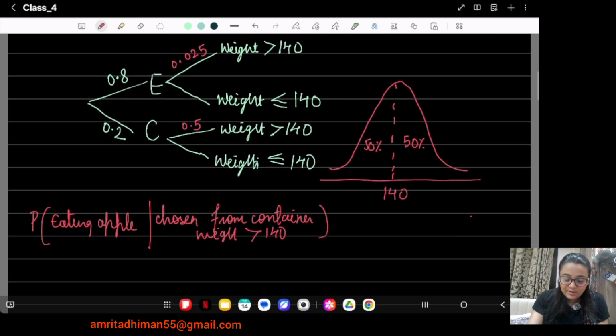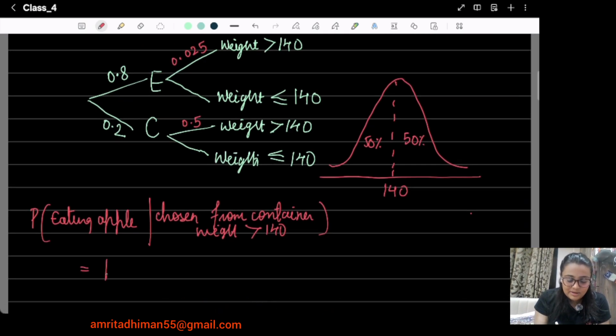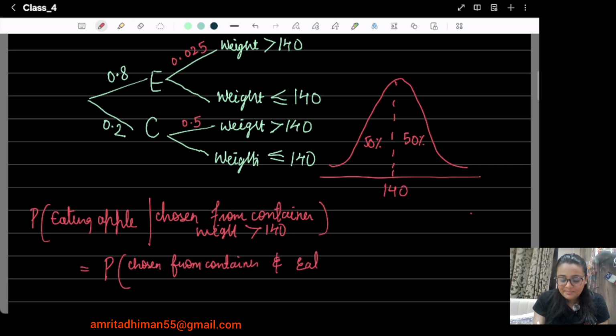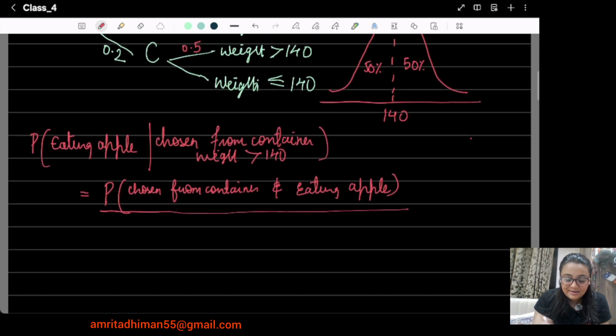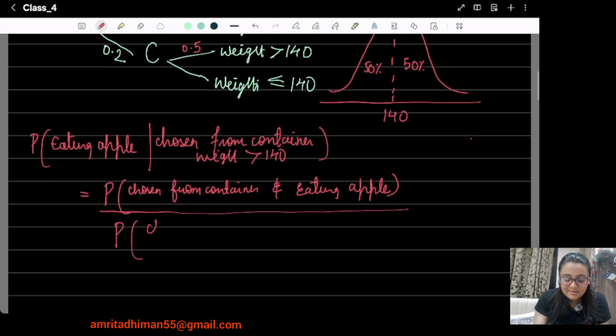So what we need to do, it is equal to the probability that the apple chosen from the container is an eating apple. So that means the weight is greater than 140 and it is an eating apple, now divided by the probability that it is chosen from container.